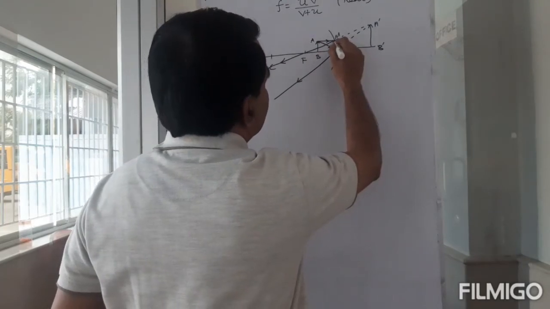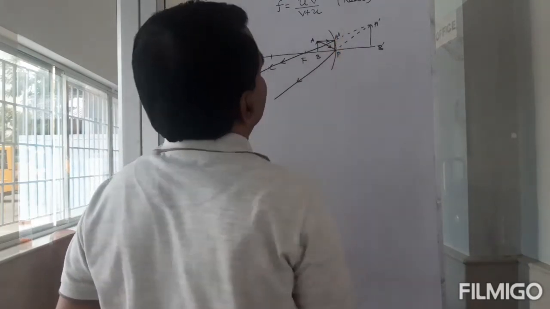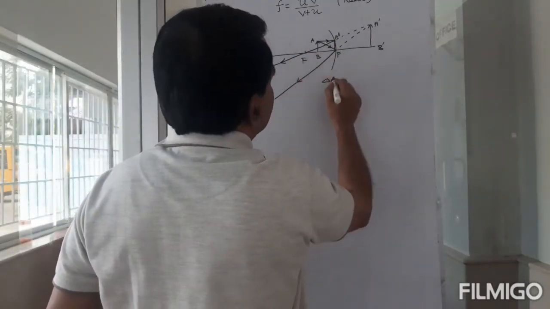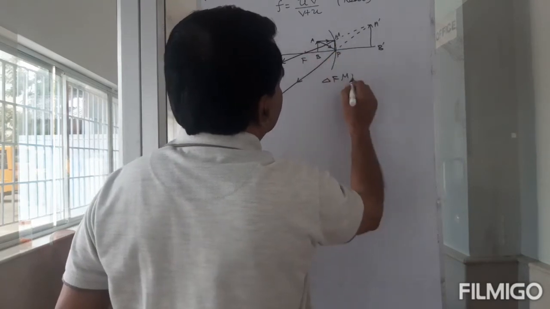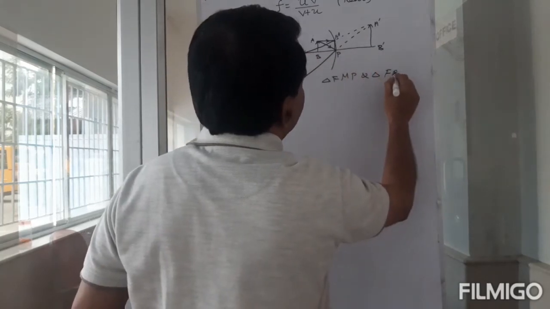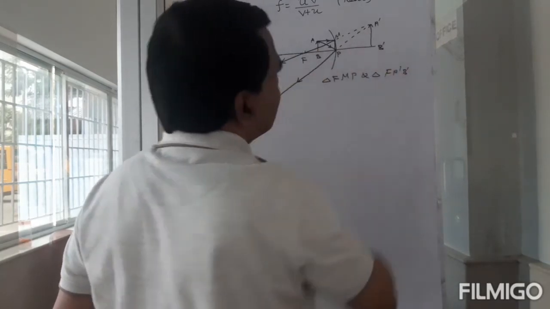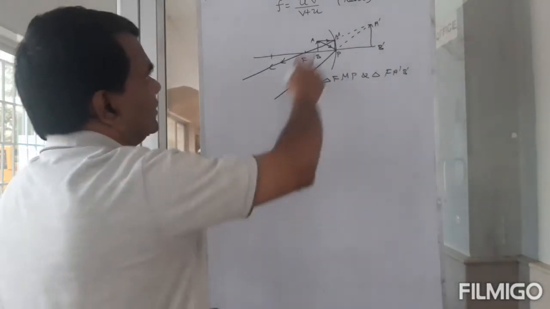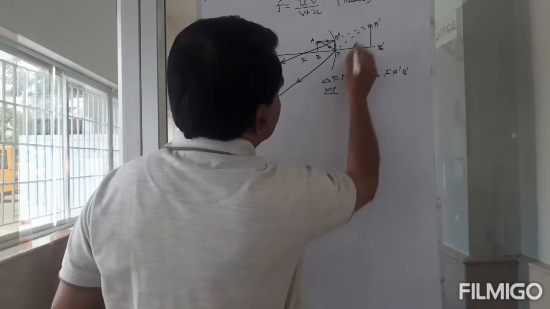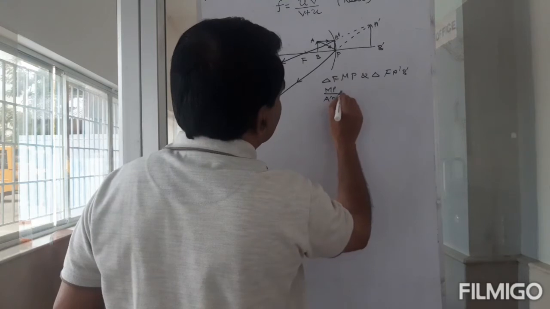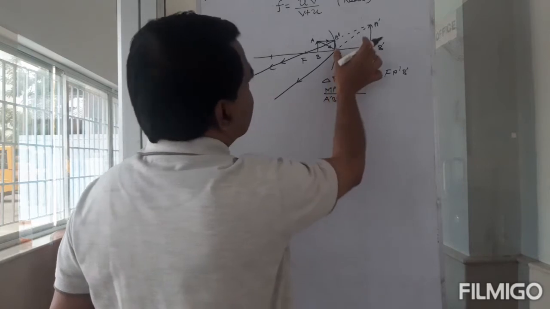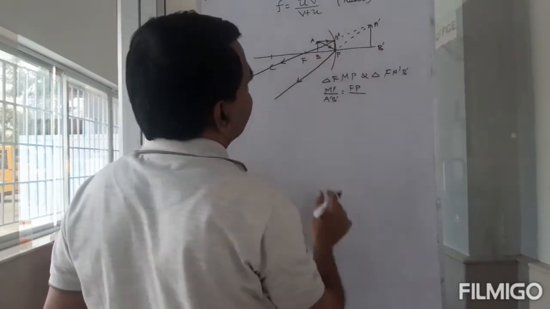If you consider this to be almost vertical P, then you see triangles FMP and triangle FA dash B dash are similar triangles, and clearly MP by A dash B dash is equal to FP divided by FB dash.